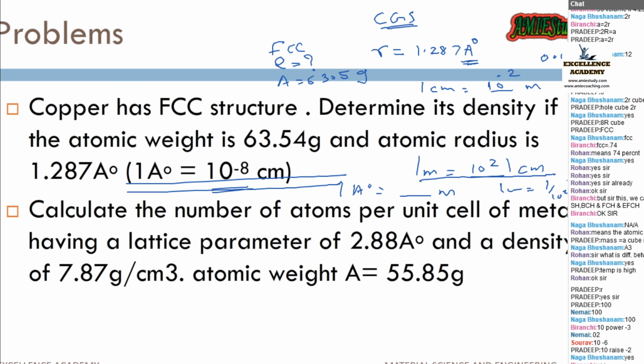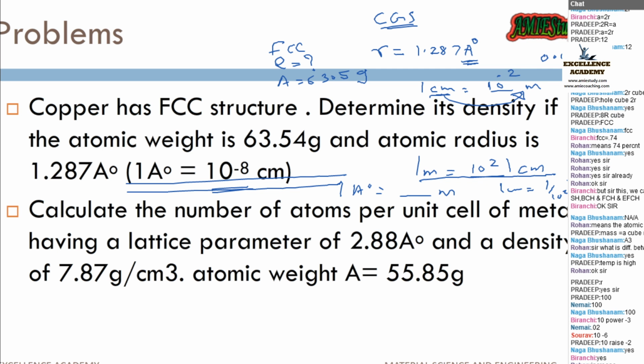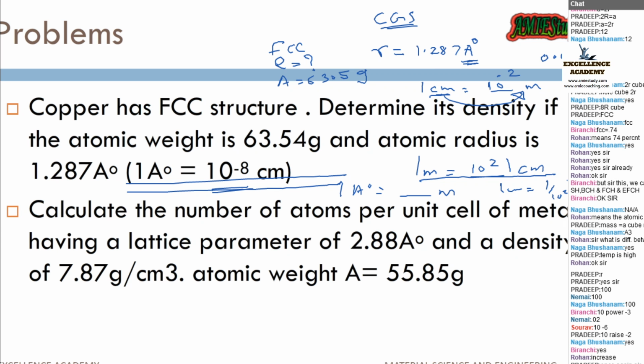That means when the conversion is from a lower unit to a higher unit, the decimal part will increase. After the point, the decimal part will increase. Here, 10 raised to minus 2 means 0.01.